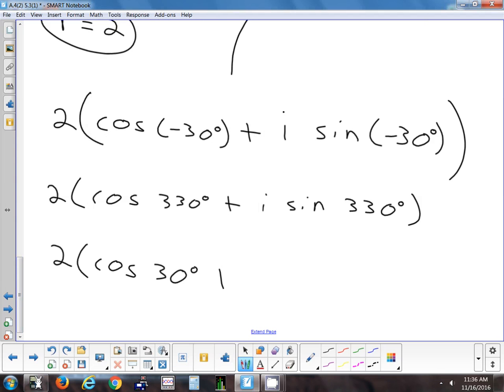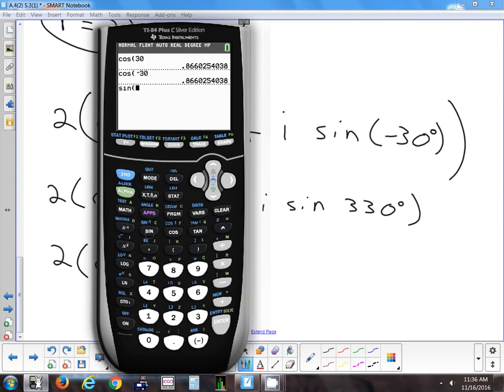Now, let's see if that's true with sine. Sine of negative 30, sine of positive 30. Is there a difference there? Yeah. Not a huge difference though. What's the only difference? Right, one's positive and one's negative.